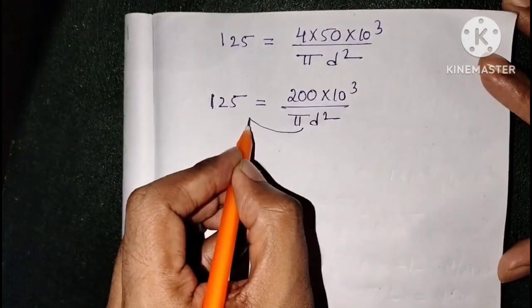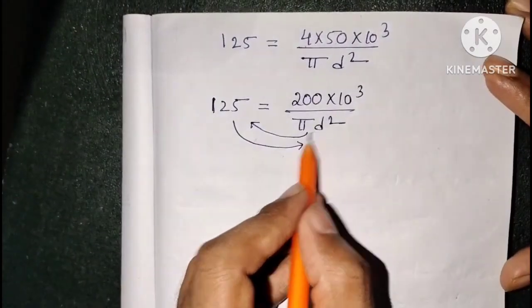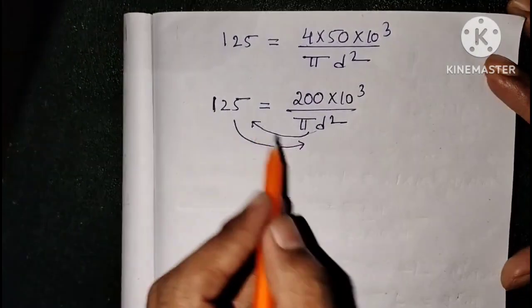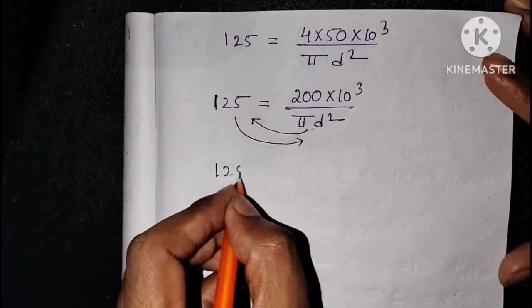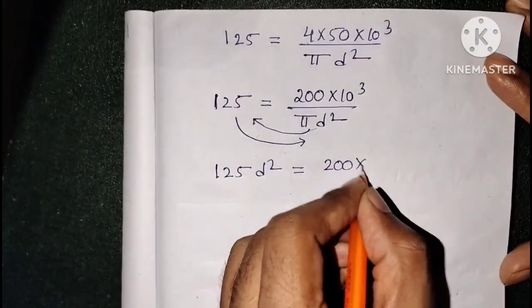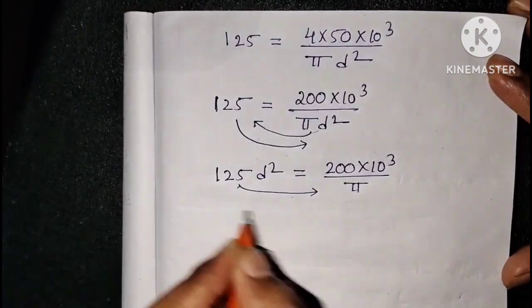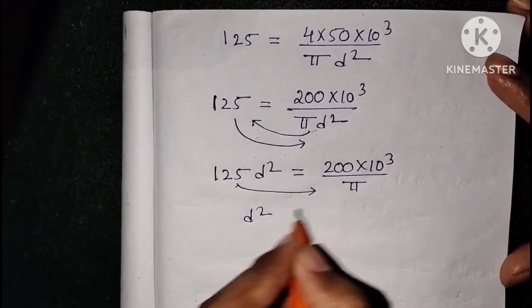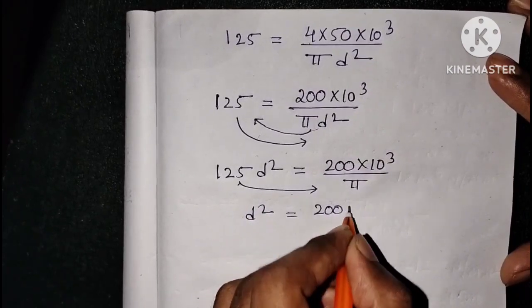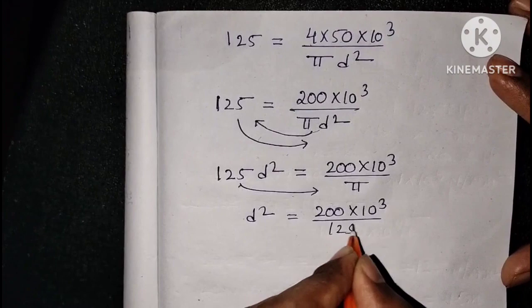Transpose d square to the left hand side and 125 to the right hand side. So division becomes multiplication. So you will get 125 d square is equal to 200 into 10 cube by pi. Now transpose 125. So d square is equal to, multiplication becomes division, so 200 into 10 cube by 125.